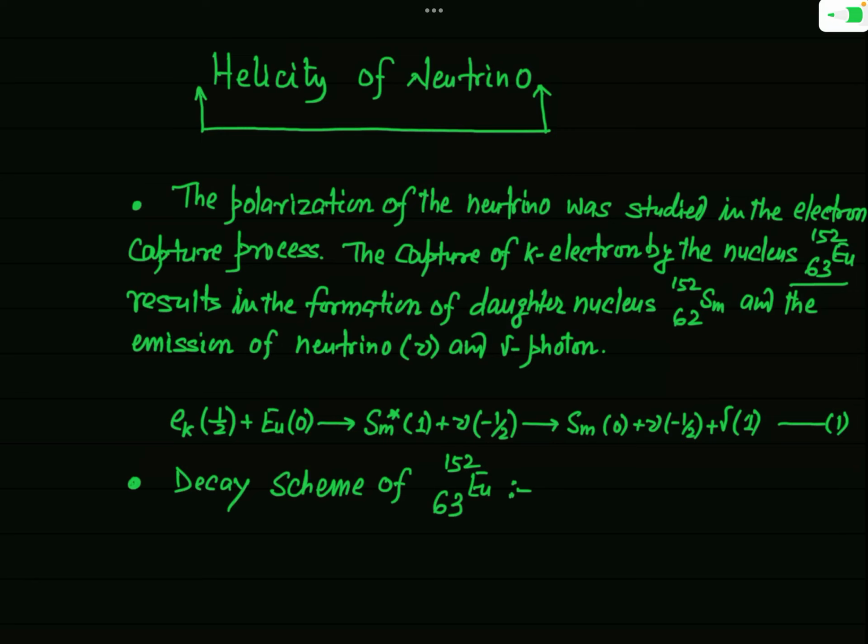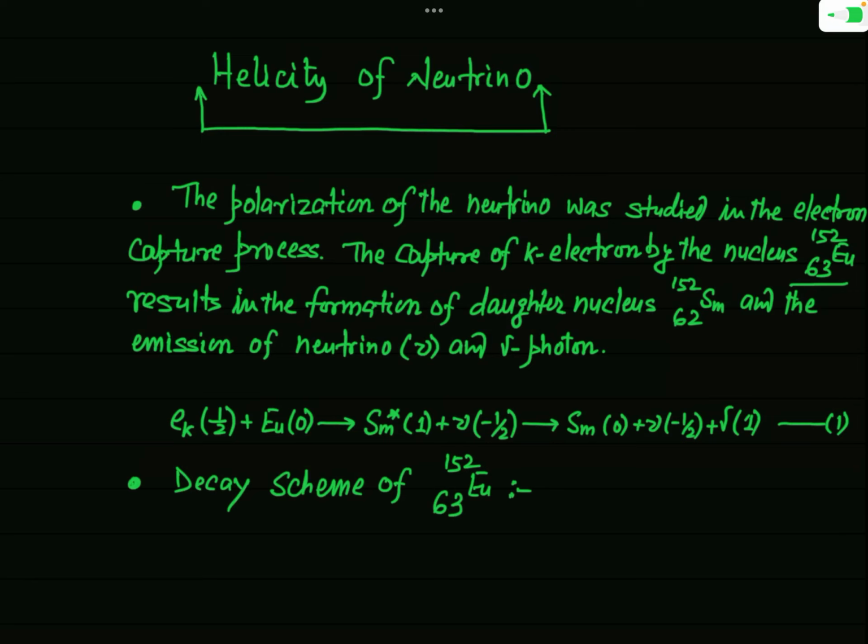So in this process there will be a gamma decay, and by measuring the momentum and energy of the gamma photon, we will be able to measure the helicity of the neutrino.